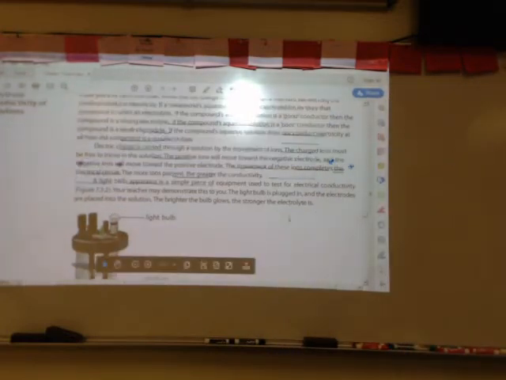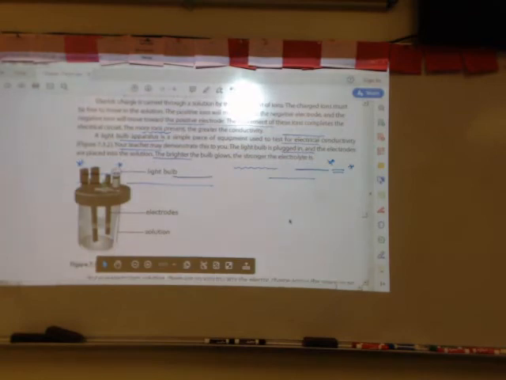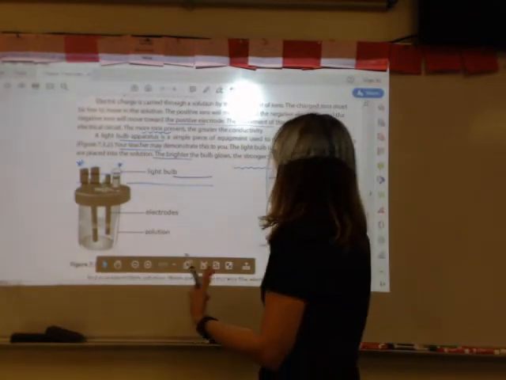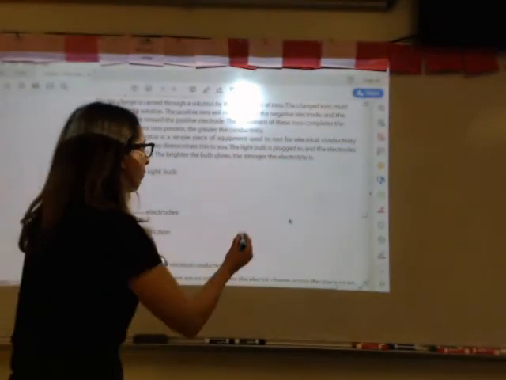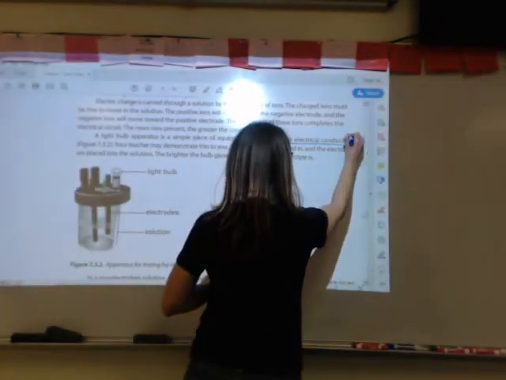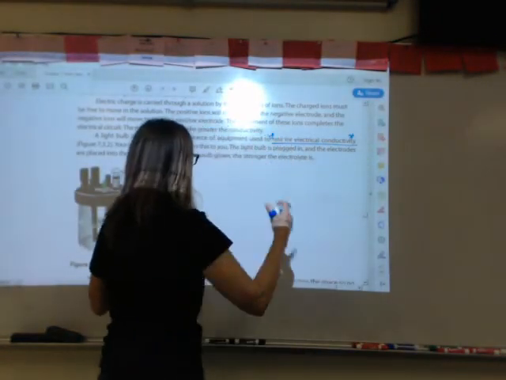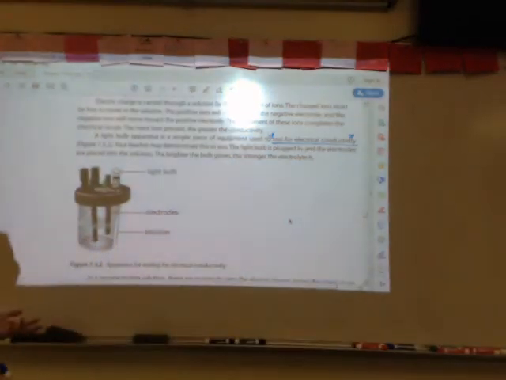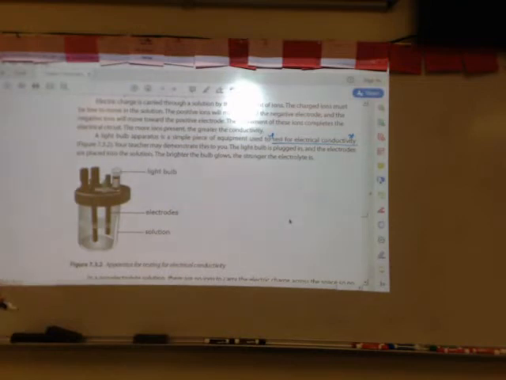Typically we take a light bulb apparatus, and ours tend to have a battery in them, and it's a really simple piece of equipment that we use to test for conductivity, to determine whether the substance is actually forming ions or staying as a molecule in solution.